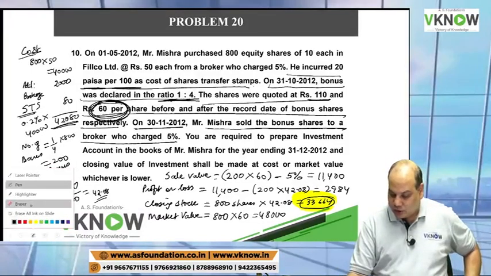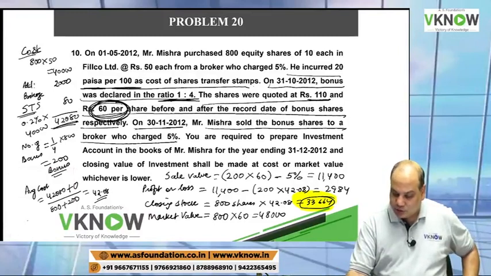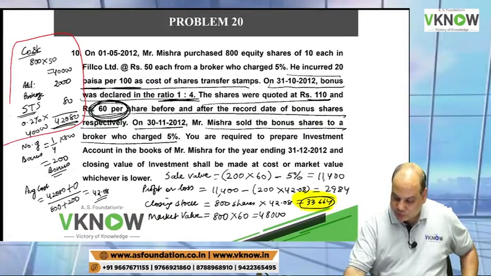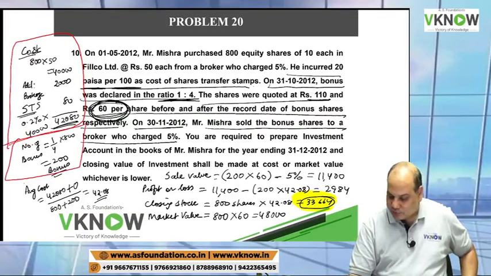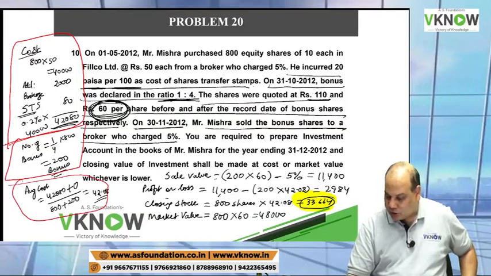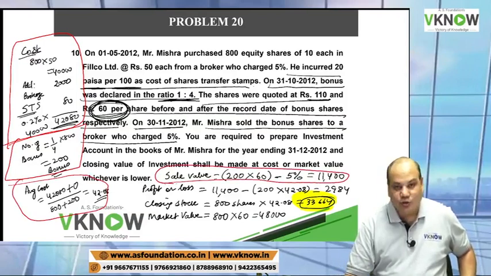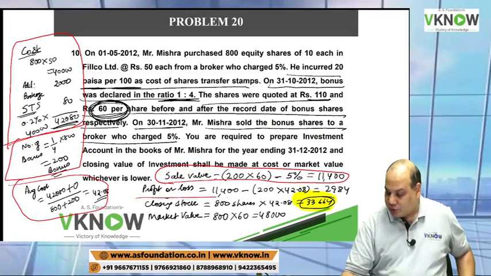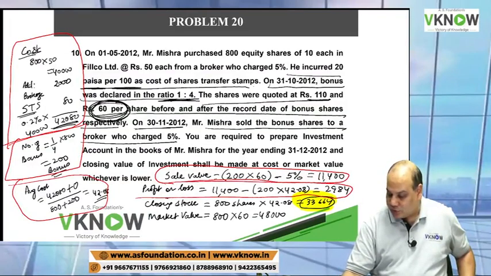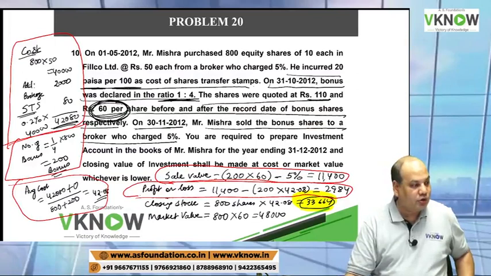If you really look at it, there are 6 working notes involved. First working note is the cost. Second working note is bonus share. Third working note is average cost per share. Fourth working note is sale value. Fifth working note is profit or loss on sale.